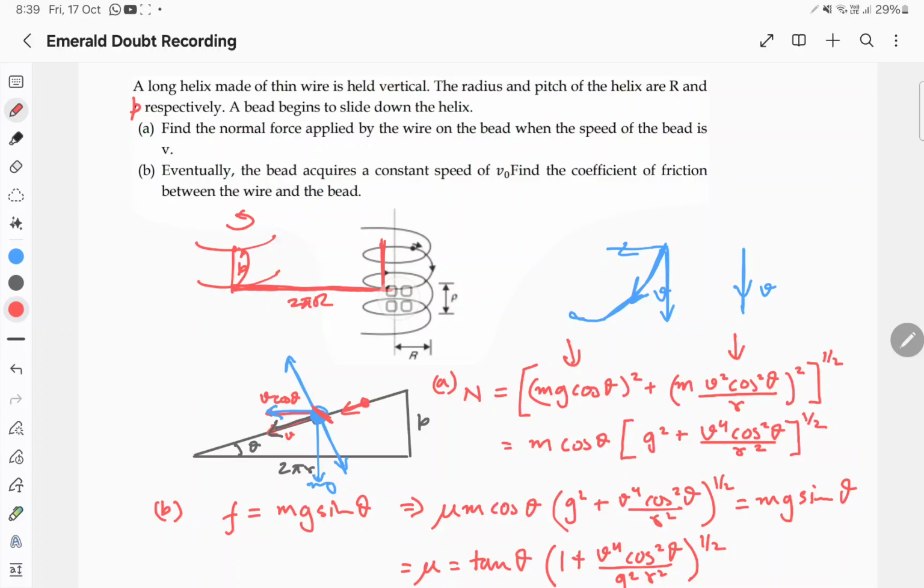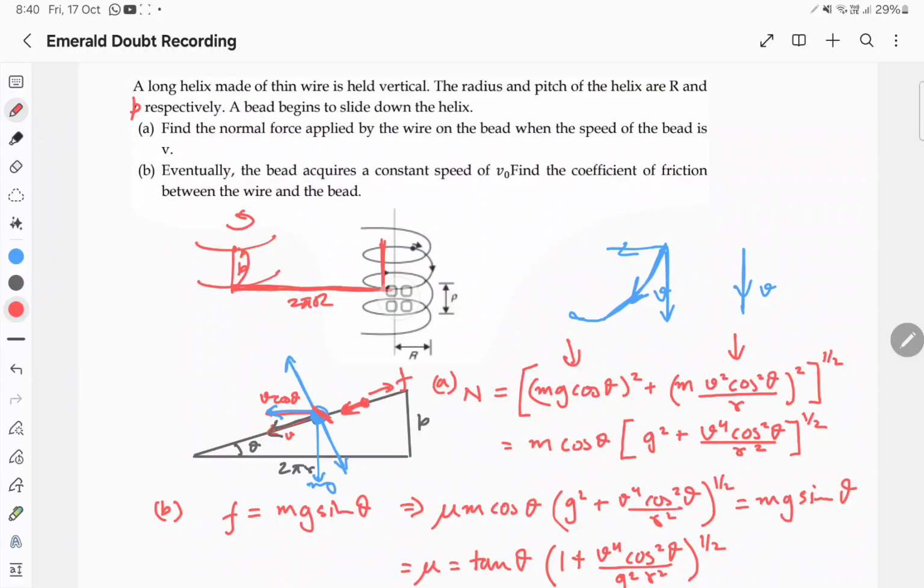Now, what is the force along the incline? One force is mg sine theta, and the other one is the friction backwards. So friction backwards and mg sine theta along the incline.